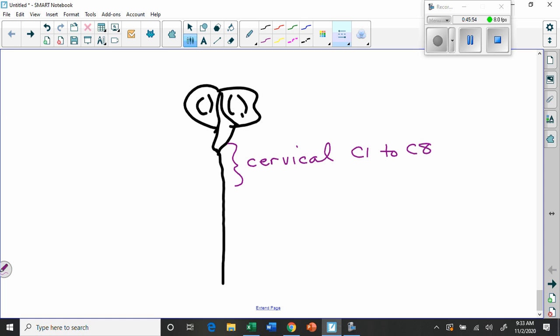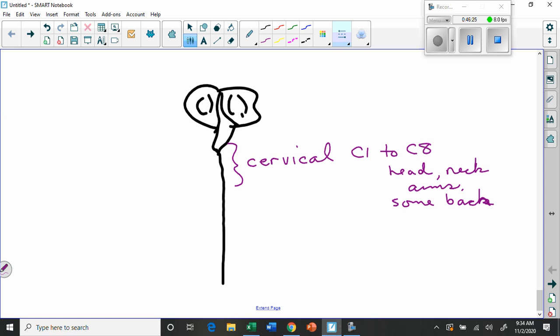And so the purpose of the cervical vertebrae is to serve the head and neck area and the arms. So all of the nerves that go to the head, neck, arms, and maybe some back muscles too, would have cervical nerves.